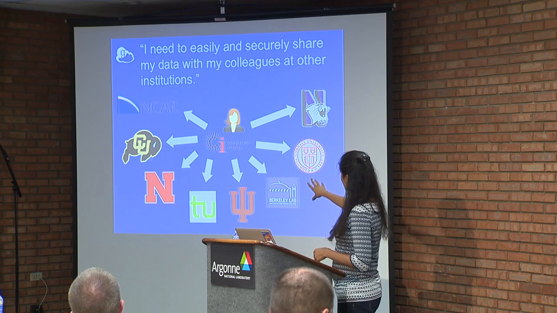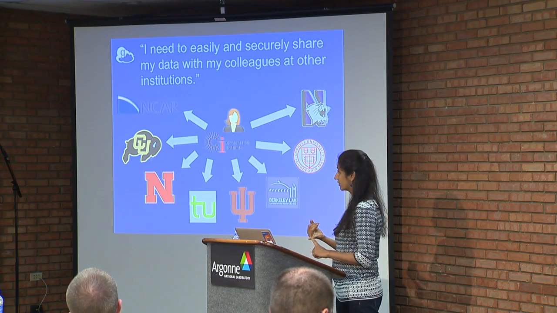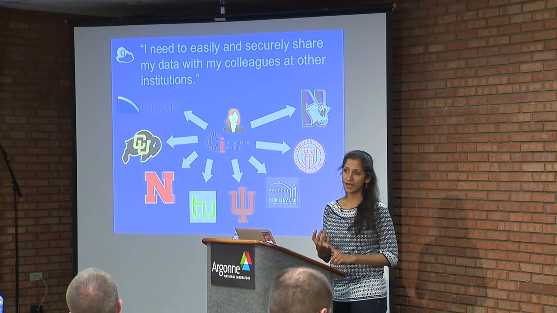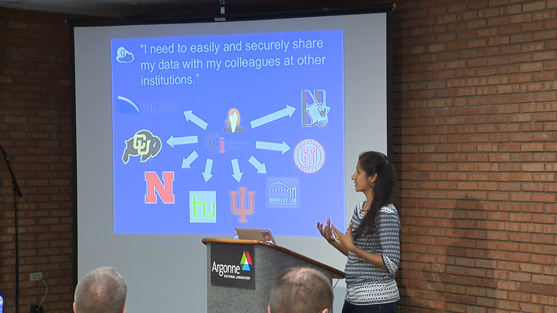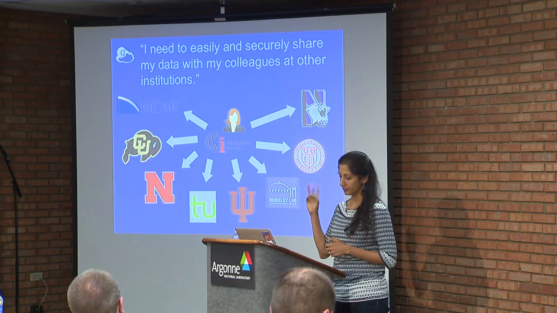So how do you securely share the data with them, be able to do it on subsets of data, not have to move large data around, so you're not making a second copy of the data to share it with them, and not worry about giving them accounts on all these machines, just for the purpose of accessing data? So how do we make collaborative science possible here? How do you make it easy to share the data? That's our third use case.